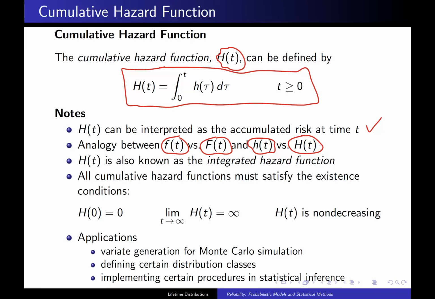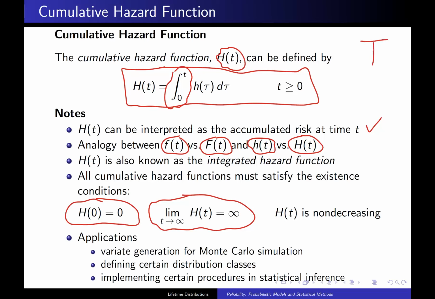All cumulative hazard functions satisfy 3 existence conditions. The first is capital H of 0 equals 0. That won't be surprising because if you look at its definition, when you integrate from 0 to 0, you get no area underneath the hazard function. The second is, since the item is going to fail eventually, and again the item has lifetime capital T, this cumulative hazard function has to eventually go to infinity.